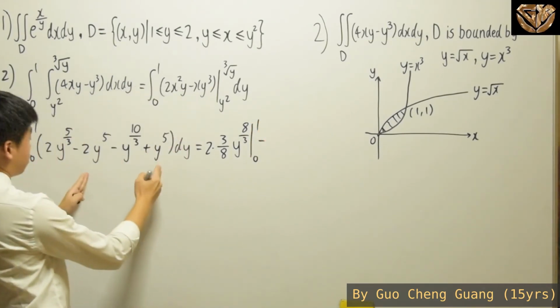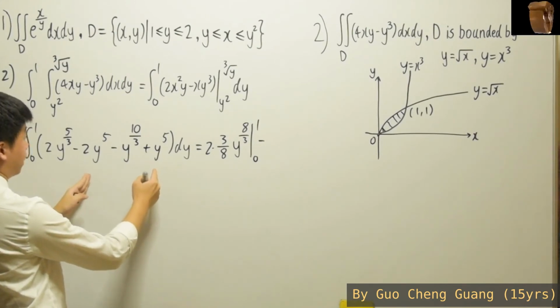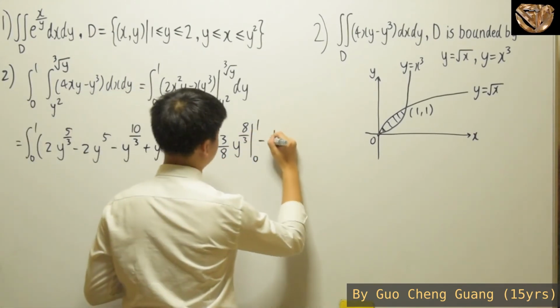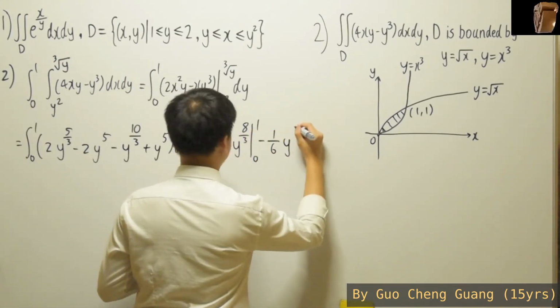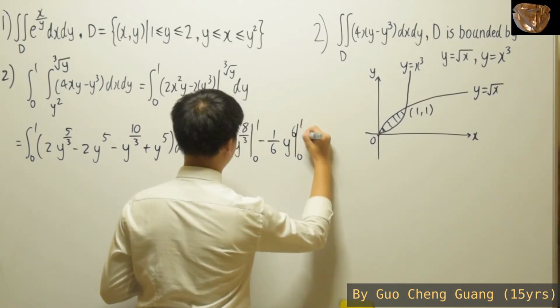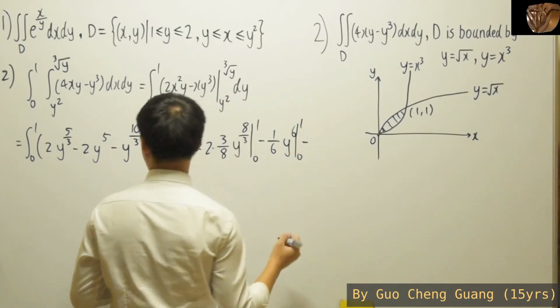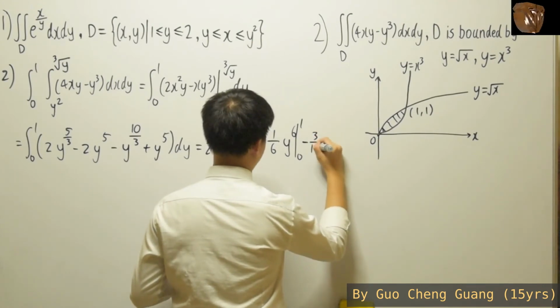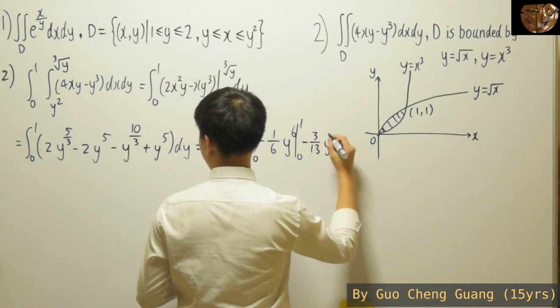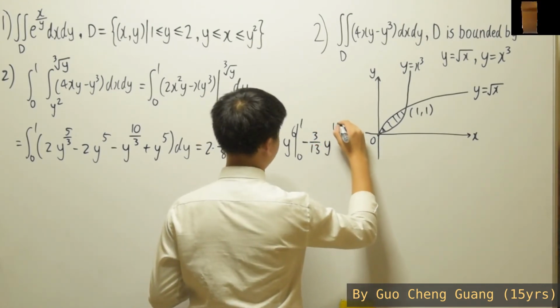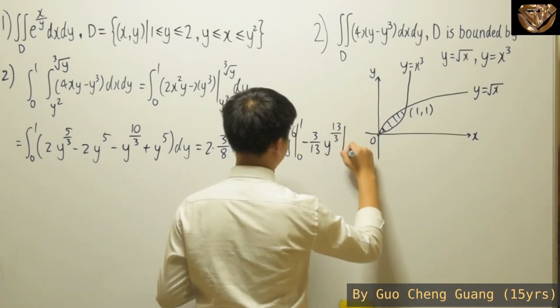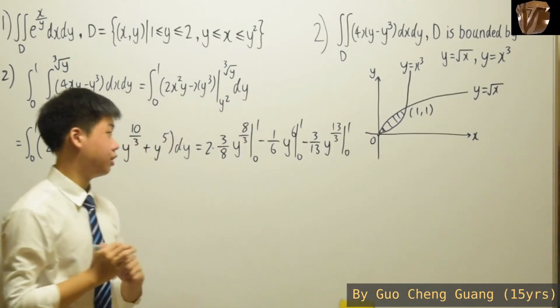And then since these two will just become minus y to the power of 5, you're going to have minus 1 over 6, y to the power of 6, substitute in 0 and 1. And then minus 3 over 13, y to the power of 13 over 3. Then substitute in the values of 0 and 1.